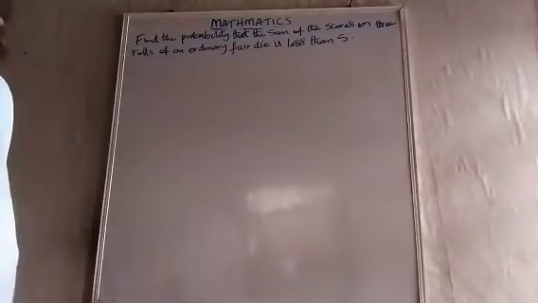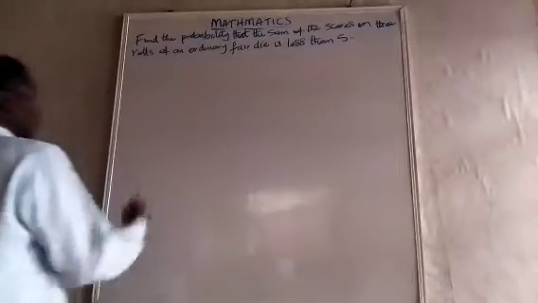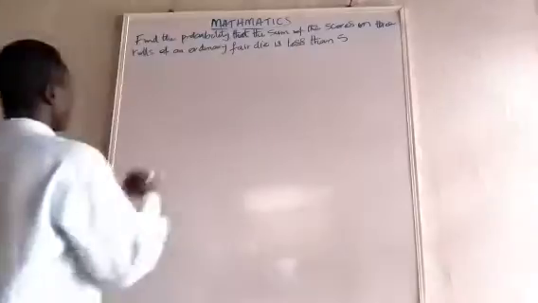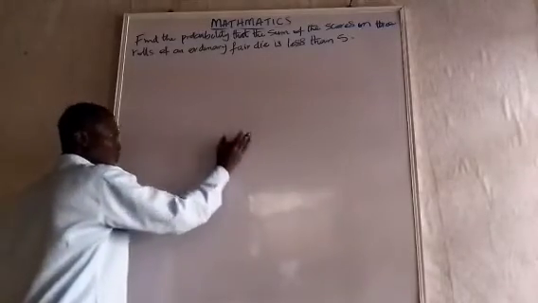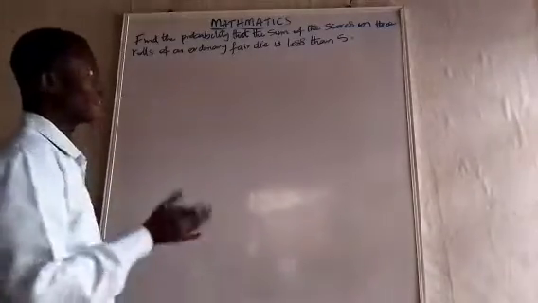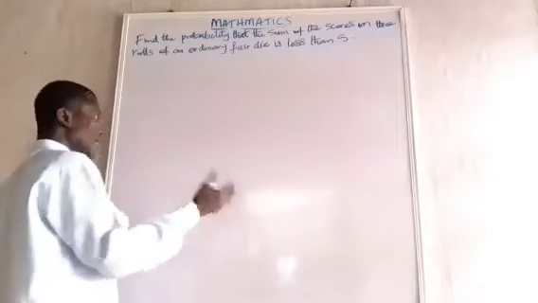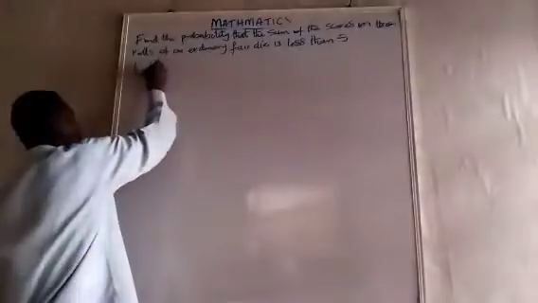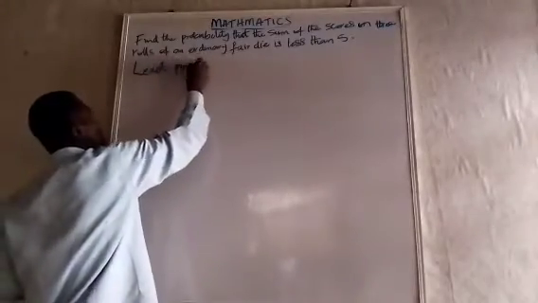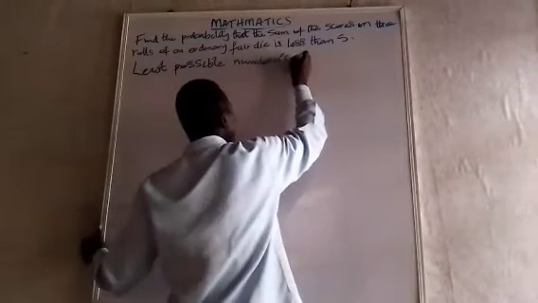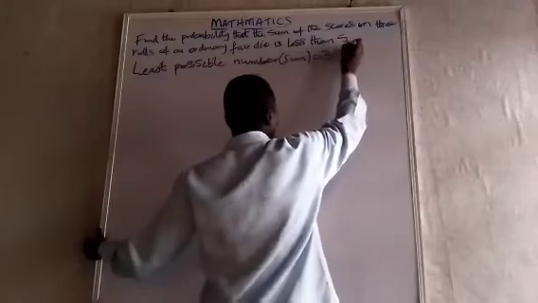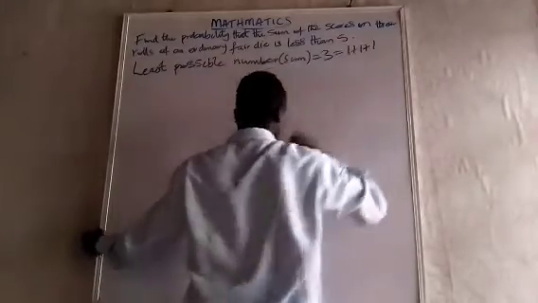Find the probability that the sum of the scores on 3 rolls of an ordinary fair die is less than 5. Which means that 5 and above are not considered. The numbers we have less than 5 are 1, 2, 3, 4. Since the least number on the die is 1, the least possible sum is 3, which is 1 plus 1 plus 1.